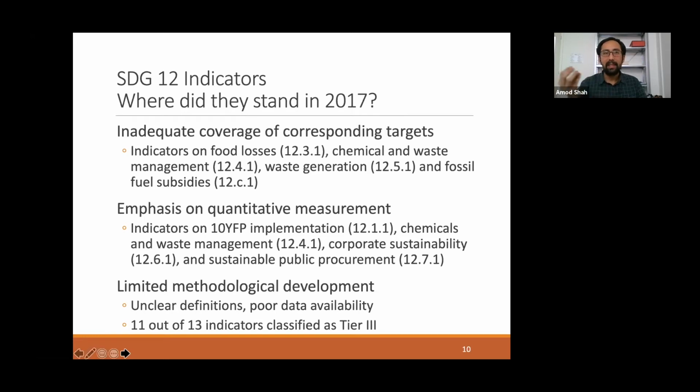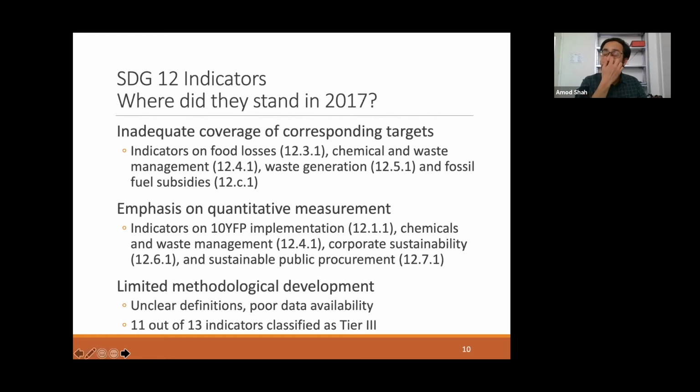So there were these decisions made based on availability and how data can be used and mobilized. 12.4.1 on chemical and waste management really just focuses on reporting of information under major international conventions. It really doesn't talk about the quality of the reporting. Similarly, 12.5.1 on waste generation focuses just on recycling, but not on waste generation. And even that has been further reduced to just talking about electronic waste.